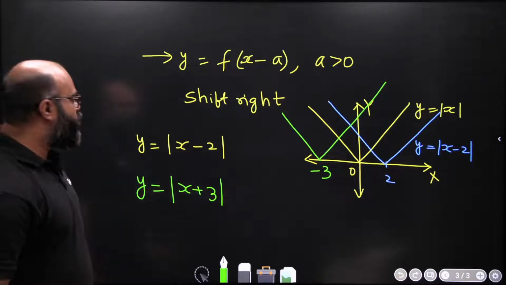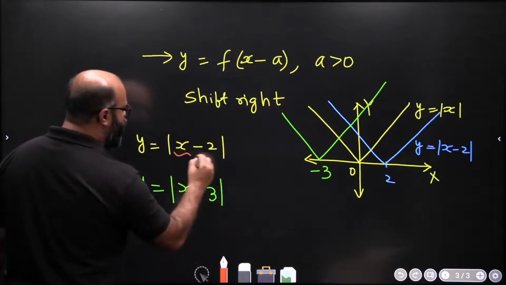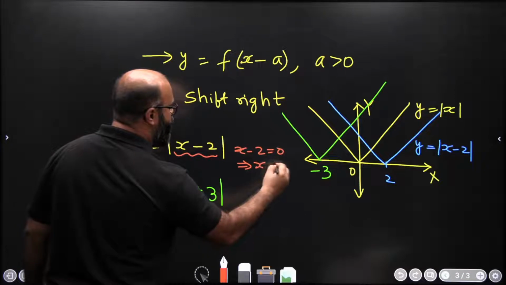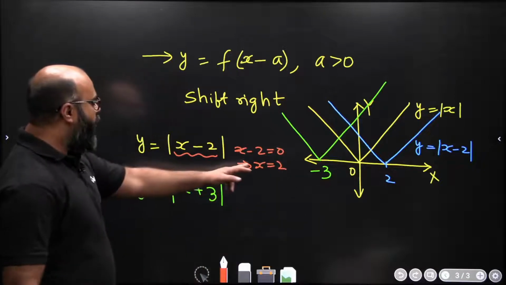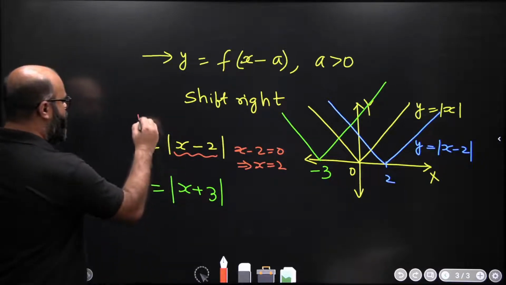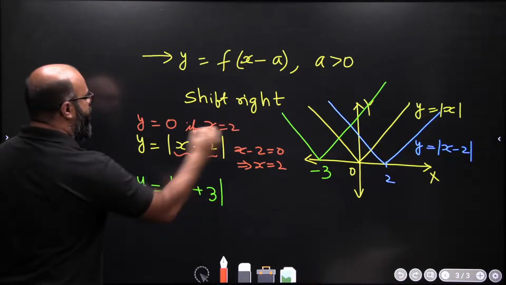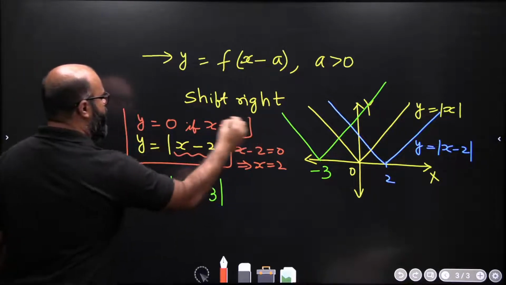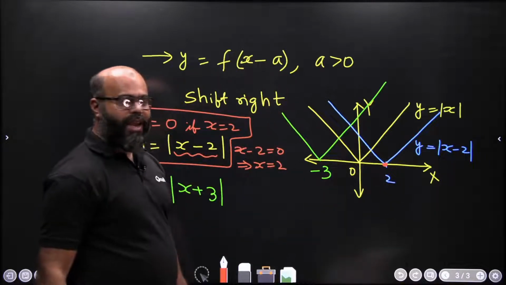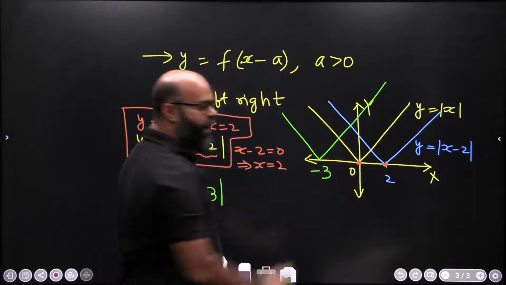So why is it happening? You can see that when x minus 2 is equal to 0, x is equal to 2. So the point x is equal to 2 is where you get y as 0. At x is equal to 2, y is equal to 0, whereas in the original one, in mod x, when x is equal to 0, y was 0.